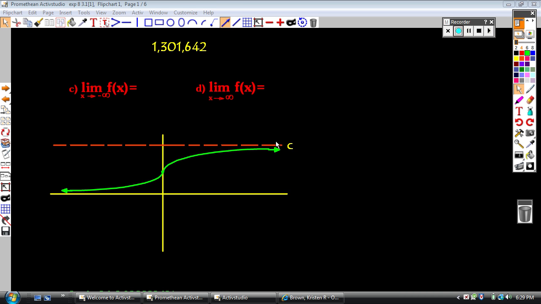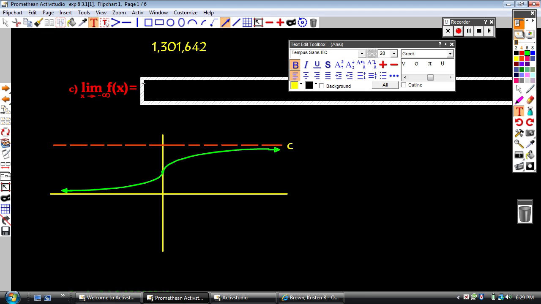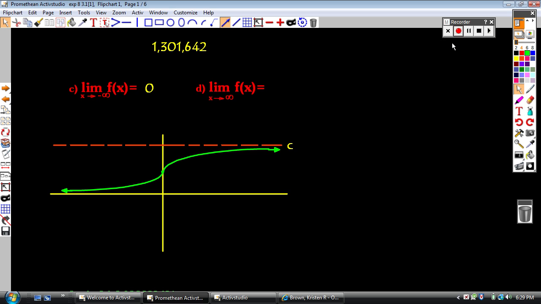So if we look for our limits, the limit as x approaches negative infinity, what y values are we getting closer to? We're looking at the graph as x approaches negative infinity. This green line gets closer and closer to 0. So this first limit is equal to 0. In fact, for all logistic functions, it will always approach 0. Now as I approach positive infinity, I follow the graph to positive infinity.